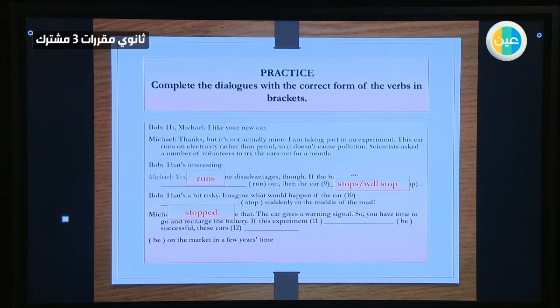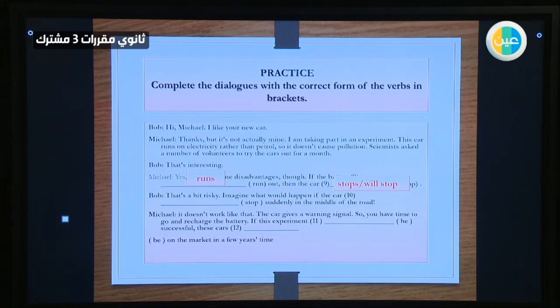Imagine what would happen if the car stopped suddenly in the middle of the road. Michael: It doesn't work like that. The car gives a warning signal, so you have time to go and recharge the battery.